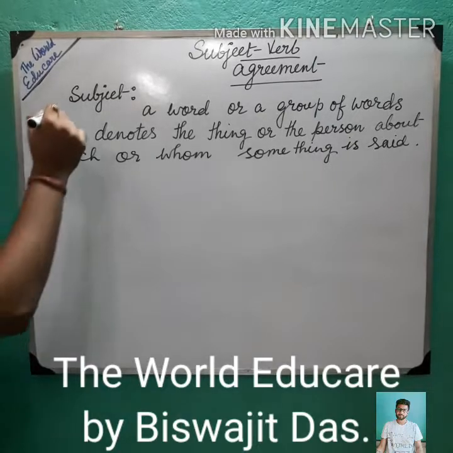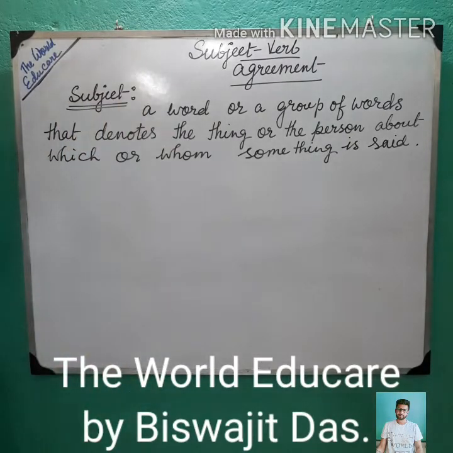This is a subject. And about verb we already know. What is verb we already know? Action of a sentence.